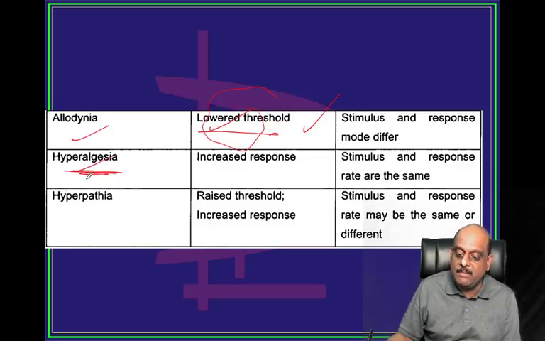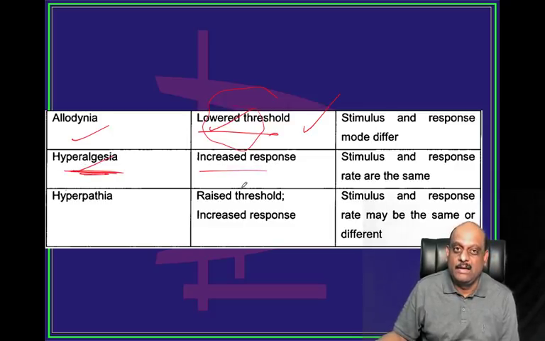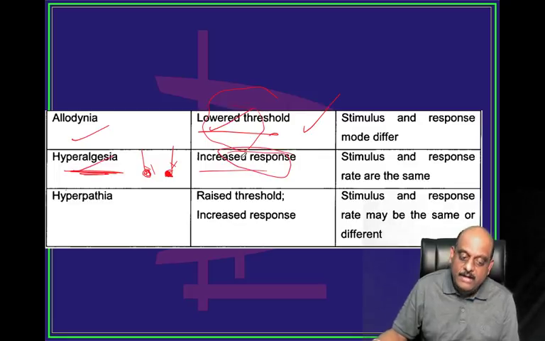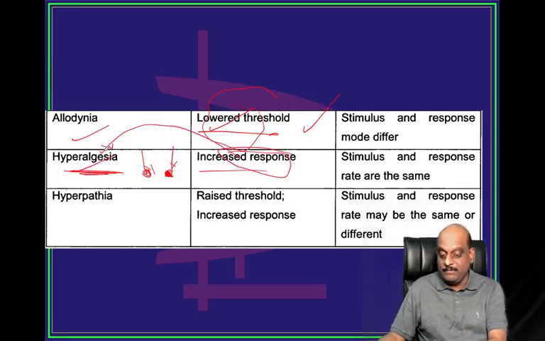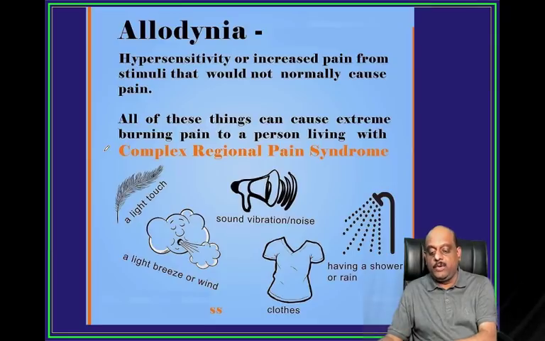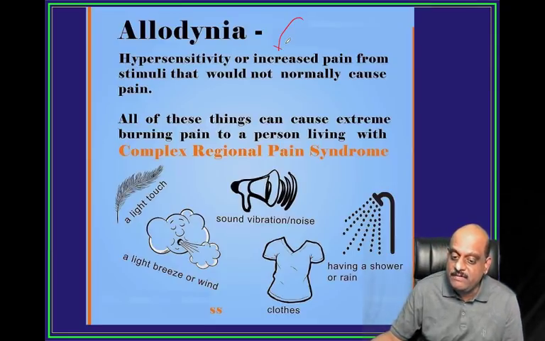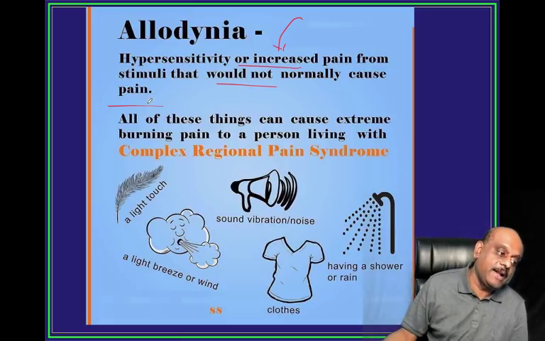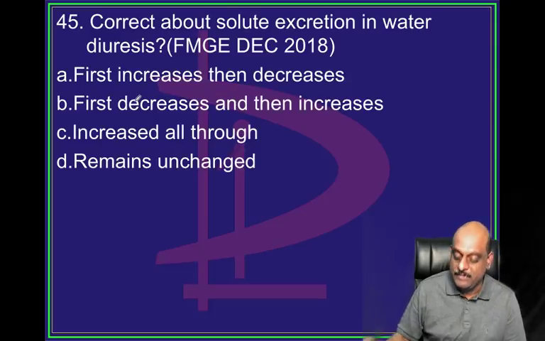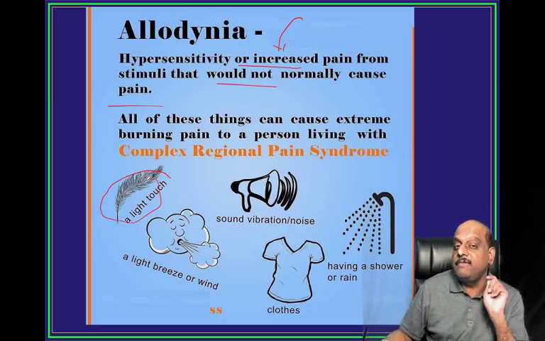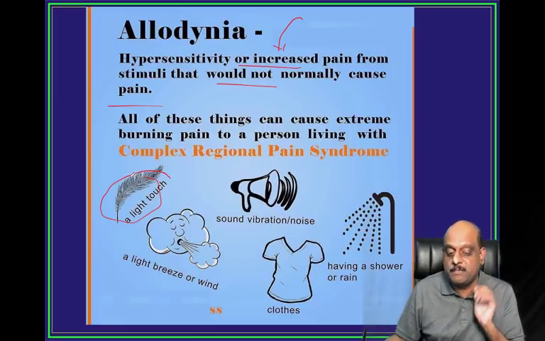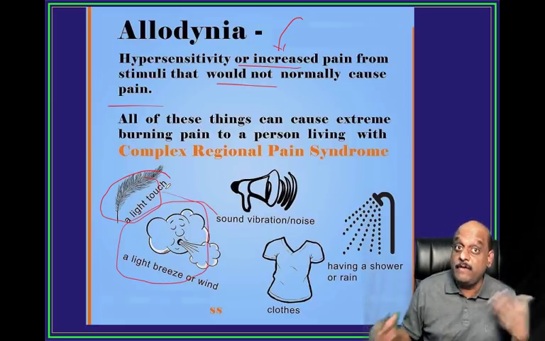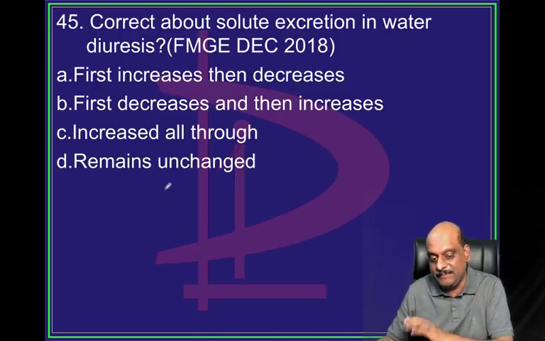Then hyperalgesia means if you give the equal noxious stimulus in two people, increased response is called hyperalgesia. That is what the examiner is trying to trick you on. Hypersensitivity or increased pain to stimuli that would normally not cause pain, that is called allodynia. Just like a light feather touch, if the patient says pain is there. A light breeze of wind also causes very severe pain, that is allodynia.